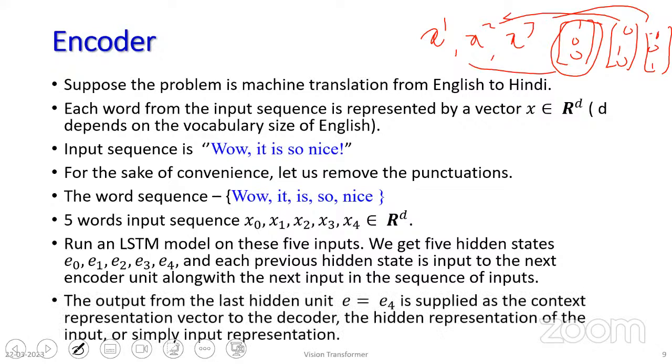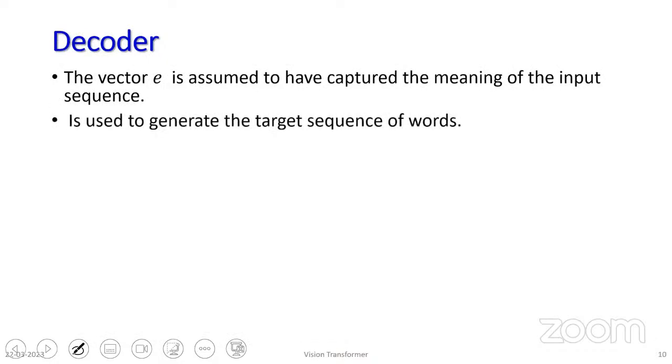The output from the last unit, say E, is supplied as the context representation vector to the decoder, the hidden representation of the input, or simply the input representation. Vector E is assumed to have captured the meaning of the input sequence.